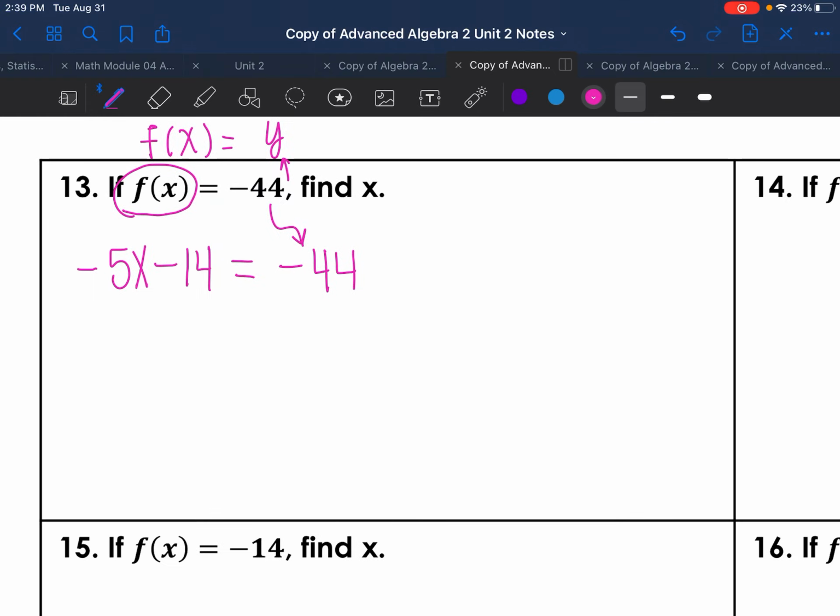So you have to be able to solve a two-step equation. Think back to your Algebra 1 days where we did two-step equations. We first add 14 to both sides.